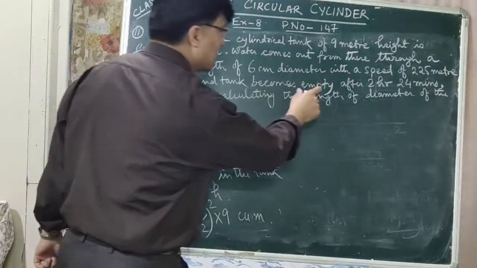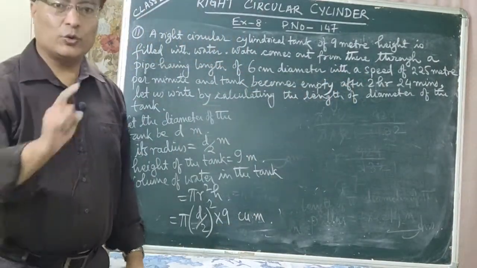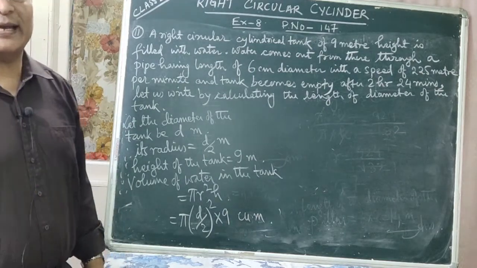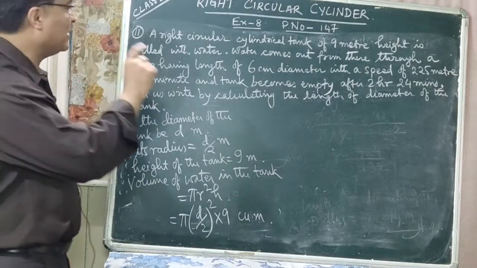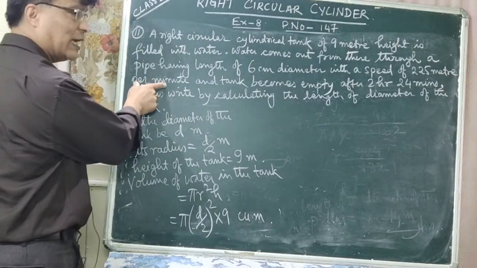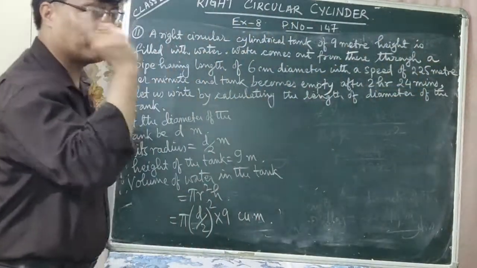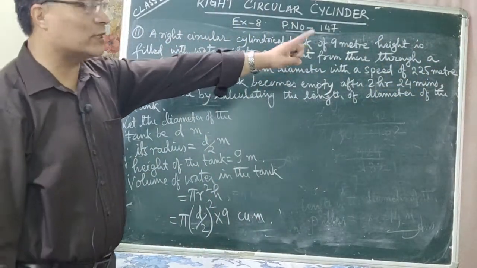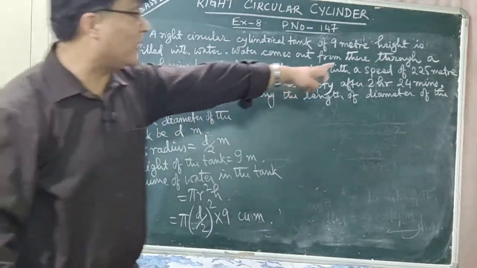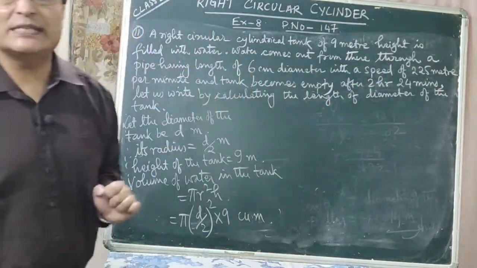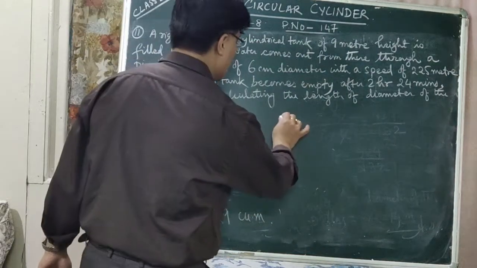And the tank becomes empty after 2 hours 24 minutes. So in 1 minute, water comes out is equal to 225 meters, that is with a speed of 225 meters per minute. So now what do we write?